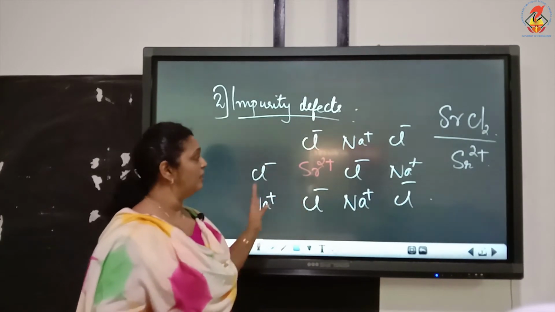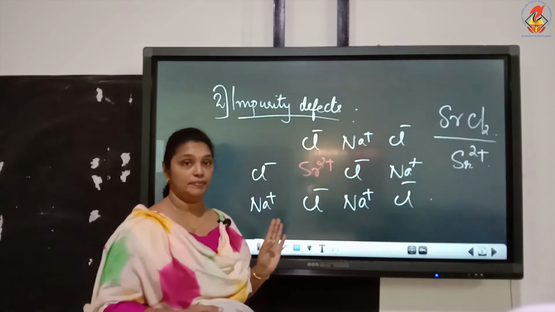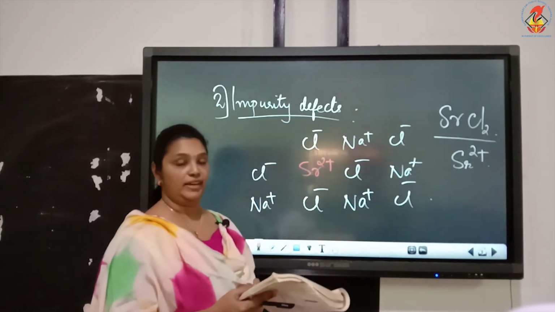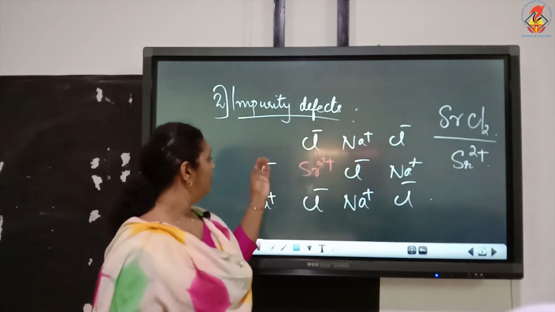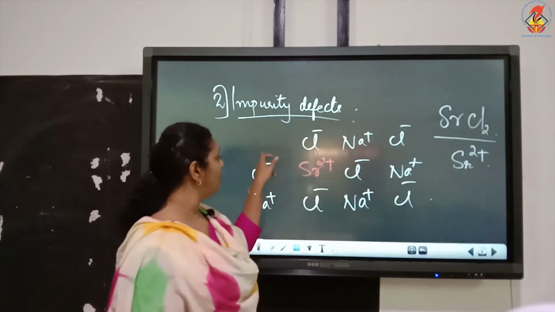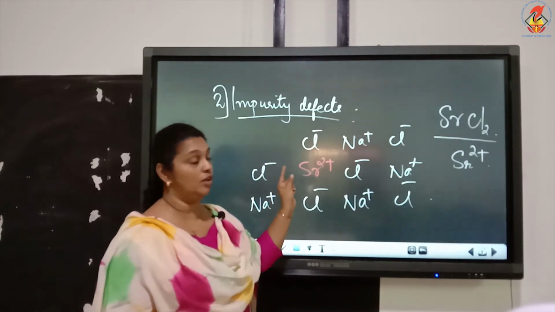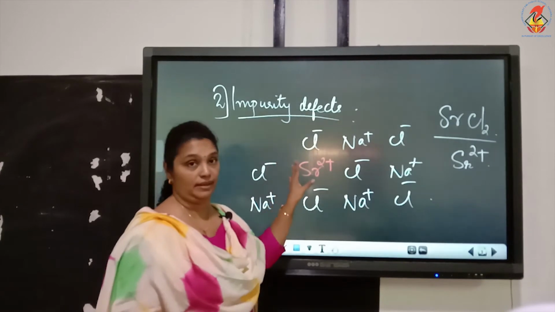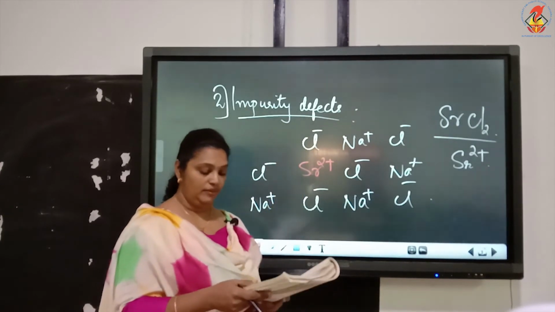Now the electrical neutrality is maintained. This is what is called impurity defect, and you can see which vacancy is created here. A cationic vacancy is created because one cation is missing. So cationic vacancy is created.